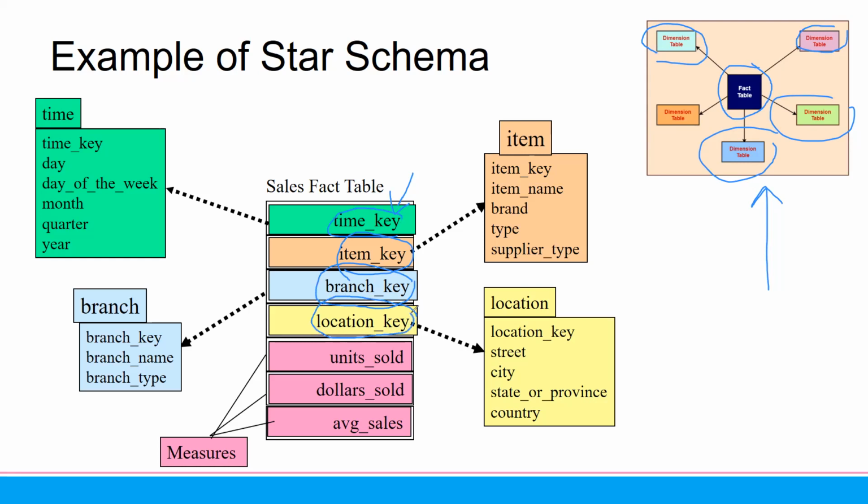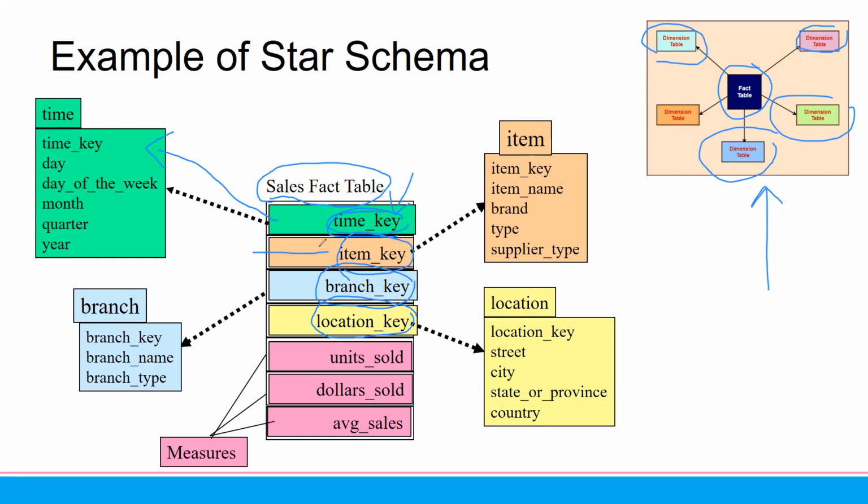We do not want to have all the data in the same table. We want to have only the sales fact table with the keys. If we need the keys in detail, then we can access the time table if it is related to the time key.